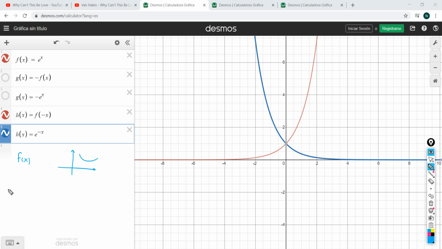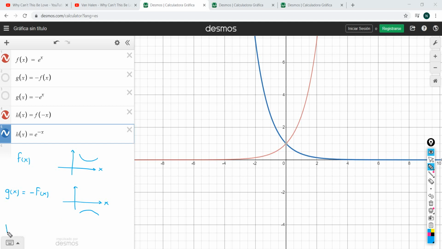Then if you create a function g of x, which is equal to the negative of this original function, then the graph of g will look similar to the graph of f, with the difference that it is going to be reflected around the x-axis. This is my x-axis, and it's going to look more or less like so. We get a reflection about the x-axis.